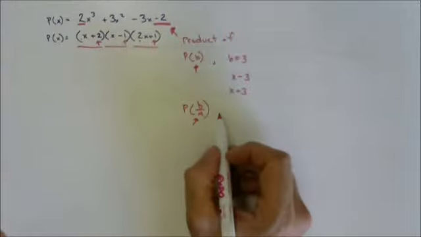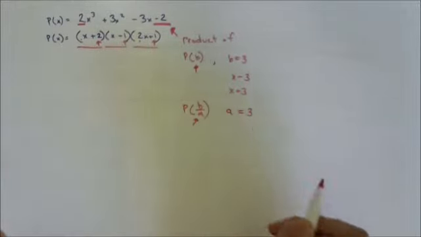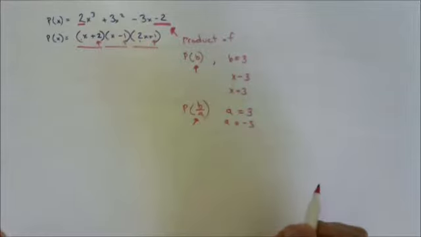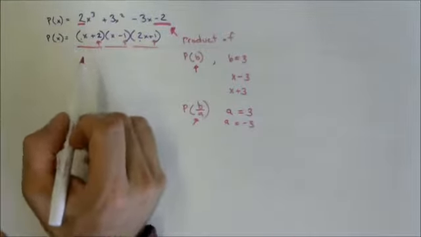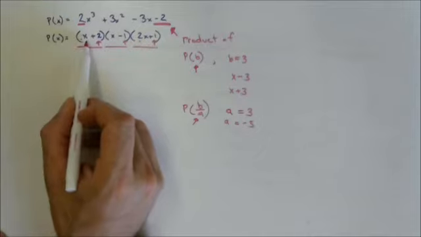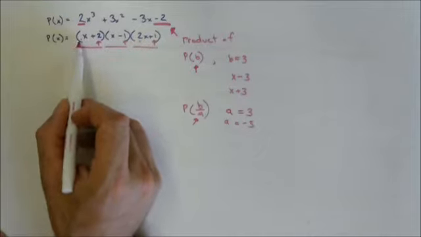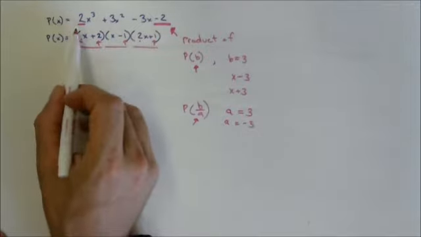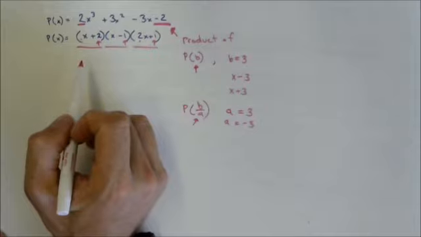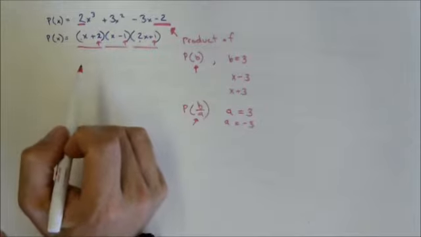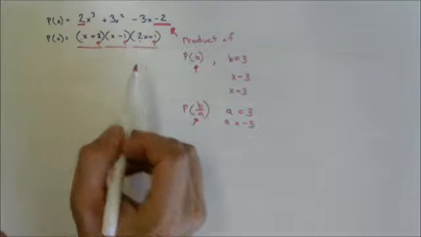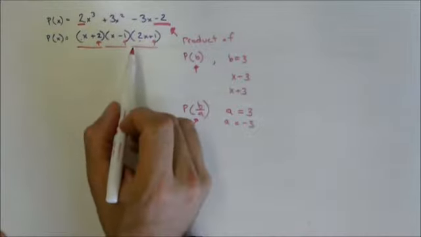I wouldn't ever bother testing a equals 3 or a equals -3, because there's no way that a factor with a coefficient of 3 in front of the x could ever multiply out and have a leading coefficient of 2. 3 times 1 is already 3. So the highest number that could possibly be the value of a in any of my factors is 2 or -2.